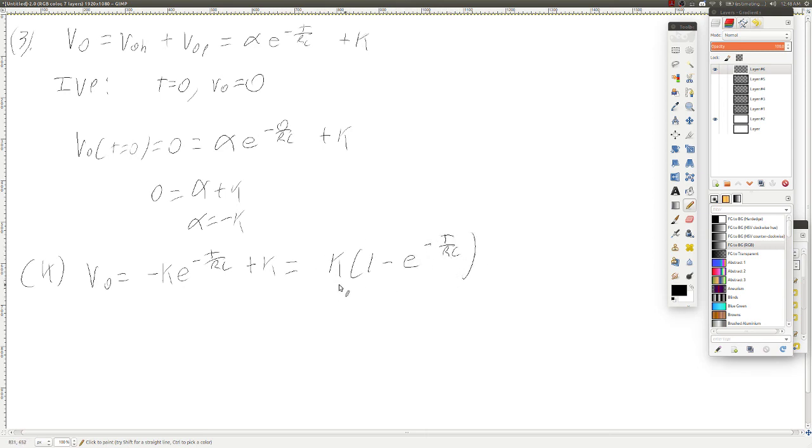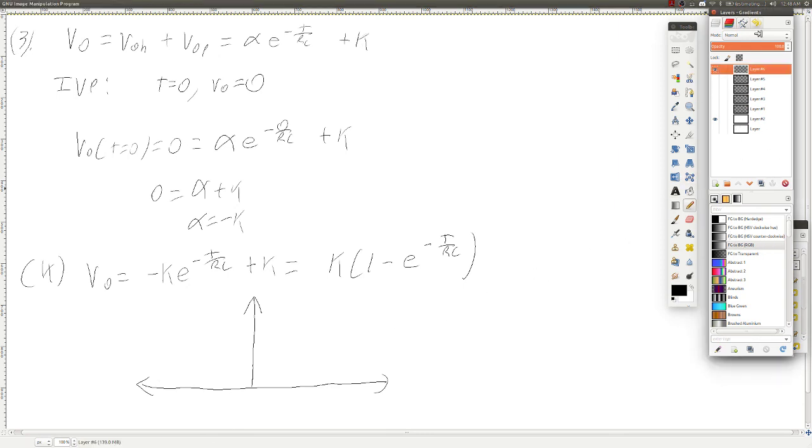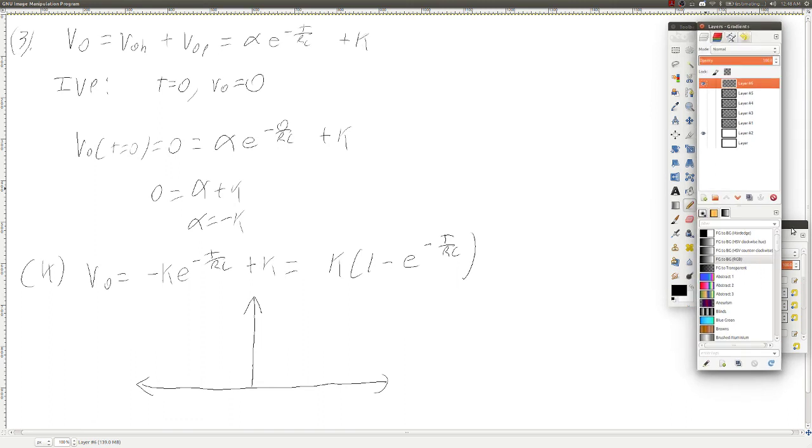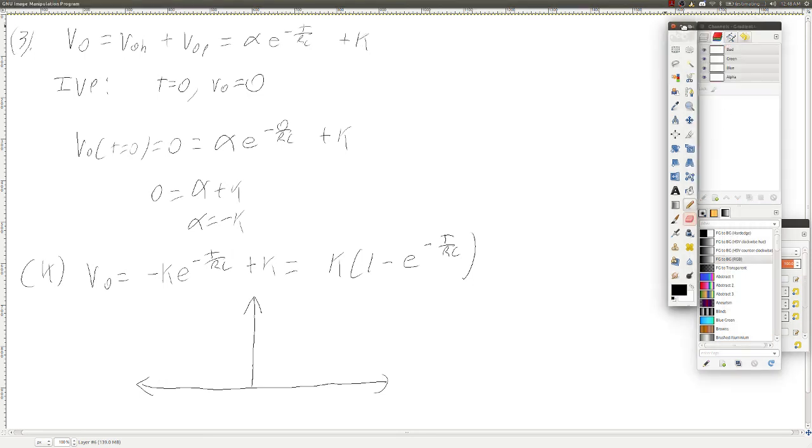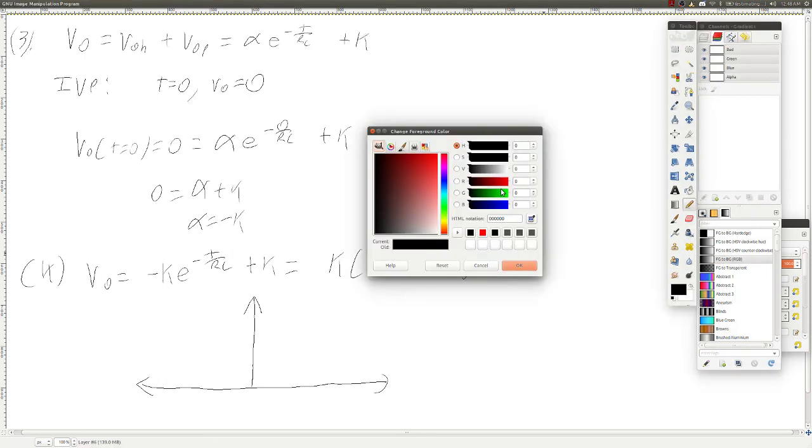Here we know k is 1 volt, so the response, if we graph it, similar to how we did the input, I'm going to take a second here to graph the input first so you can see the way that this responds. Go ahead and pull this up over here. The first thing we're going to do is take our input. Colors are here. Let's make this green.